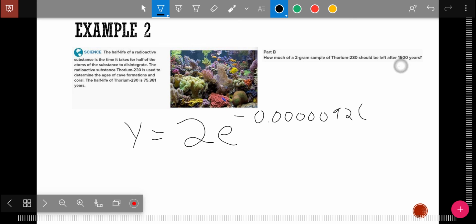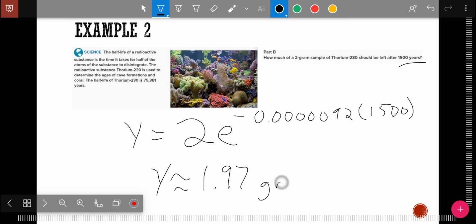And then the t they told me was right there, 1,500 years. And you just use a calculator. You type that into a calculator very carefully, and you get that how much would be left of the 2 grams is approximately 1.97 grams. Again, it was a huge half-life, 75,000 years, so 1,500 years isn't going to affect it very much.